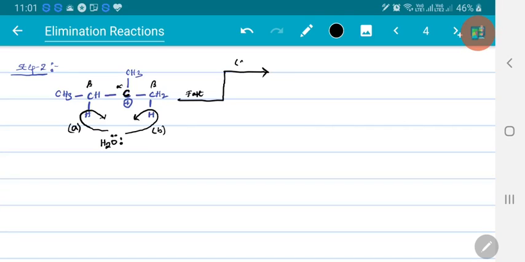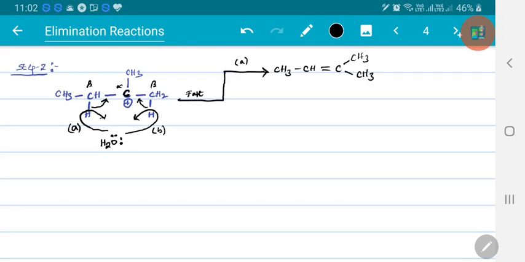If it follows path A, the moment it abstracts here, the bond shifts forming a double bond here. So in path A, the product formed will be CH3, CH, double bond, C, CH3, CH3. This alkene is more stable.